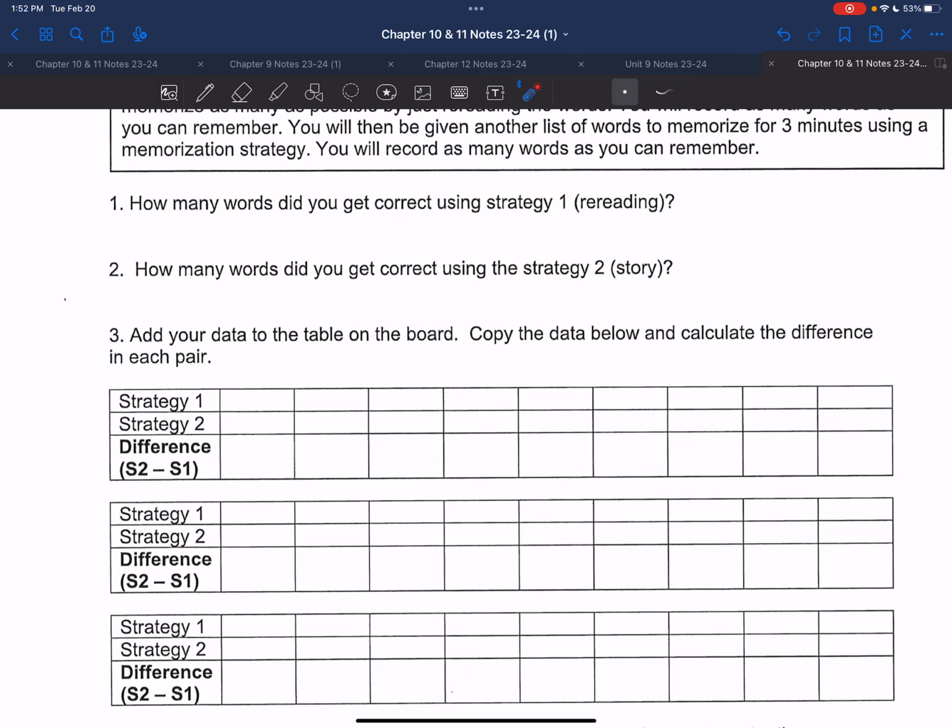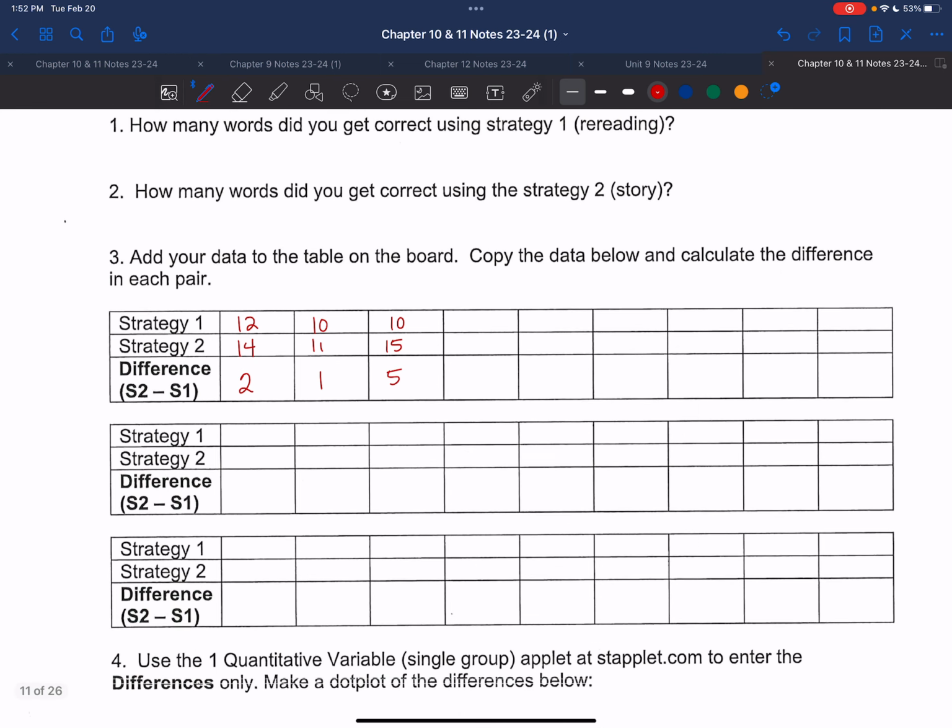Now, for example, one of you might have remembered 12 words with strategy 1, but with strategy 2, you got 14. So if we do a difference of strategy 2 minus strategy 1, that means you remembered 2 more words with strategy 2. Another person might do 10 words and 11 words for a difference of 1. Another one might be 10 and 15 for a difference of 5, and so on.